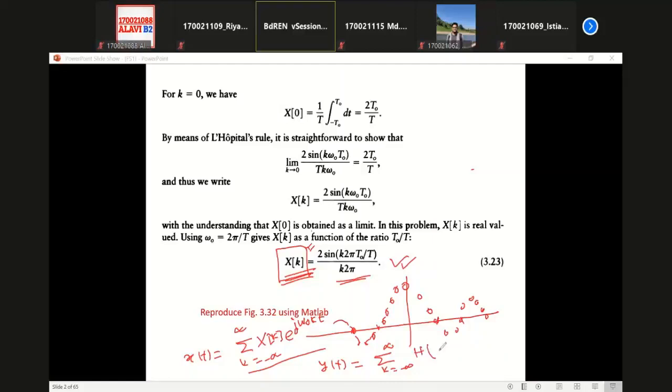The A's will not exist for all frequencies, although theoretically we can determine H(j omega). Once that H(j omega) is determined from the input-output relationship or from circuit theory, as I have illustrated for the case of an RC circuit earlier, then generally if your omega is continuous, this will be a continuous function of omega. But if your omega is discrete, then it becomes a discrete function. In our case, not all frequencies exist, only this frequency value exists.